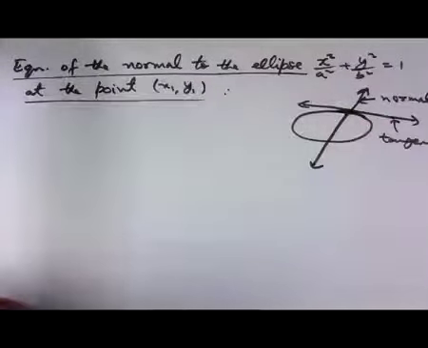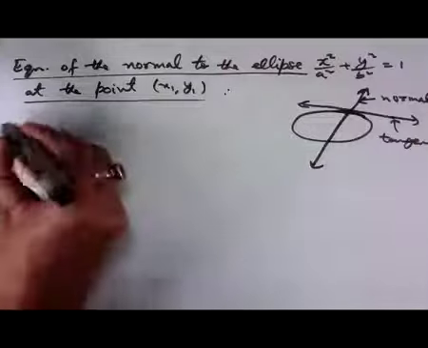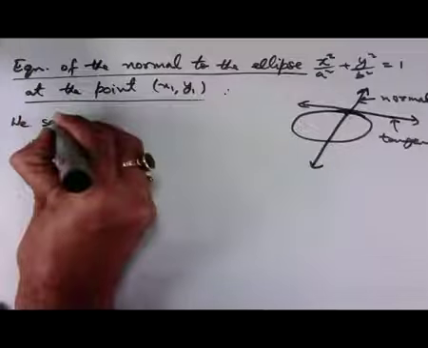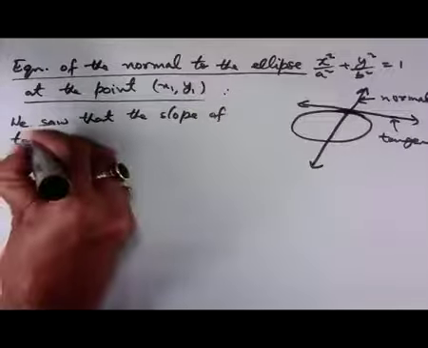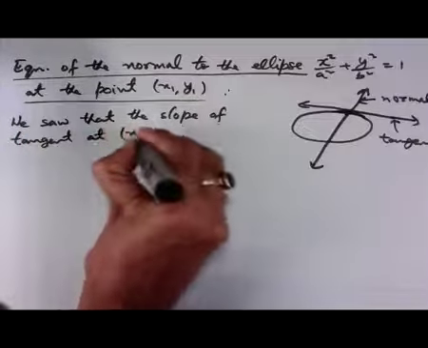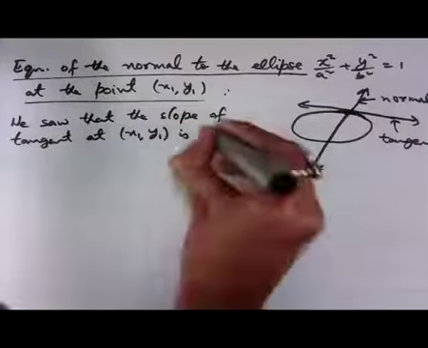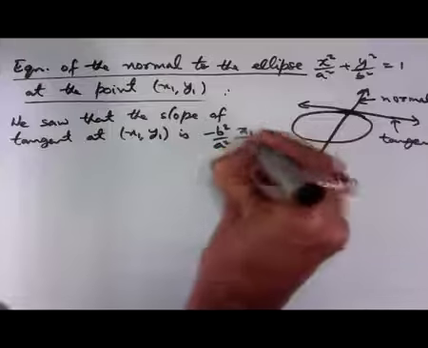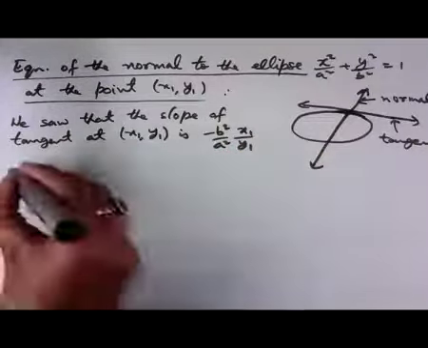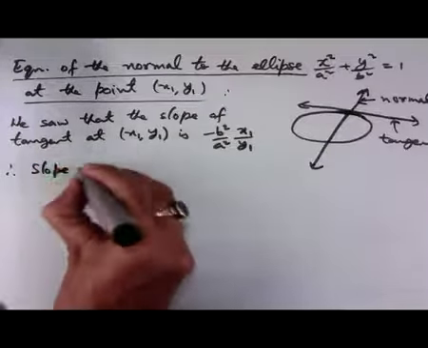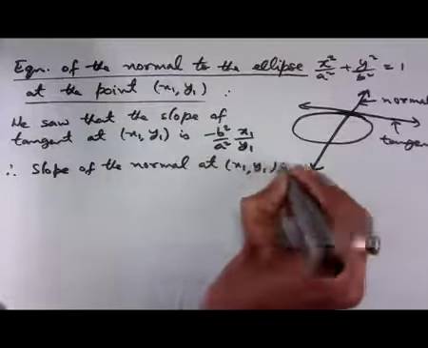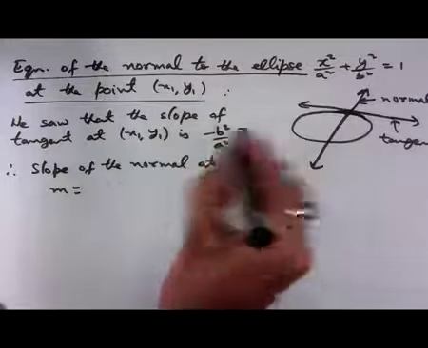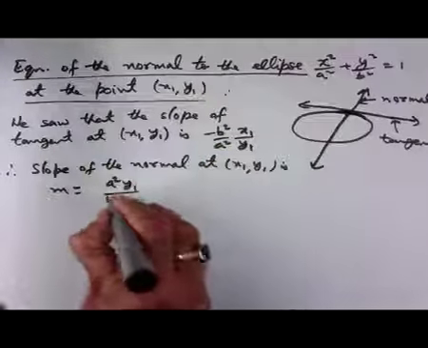So, we already know that the slope of the tangent, we saw that the slope of tangent at x1, y1 is minus b square by a square x1 by y1. Therefore, the slope of the normal at x1, y1 is given by m equal to minus 1 by this, which is a square y1 by b square x1.